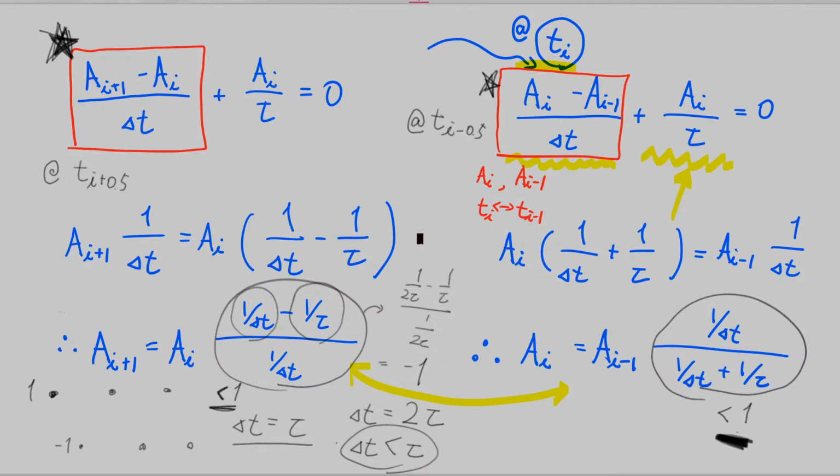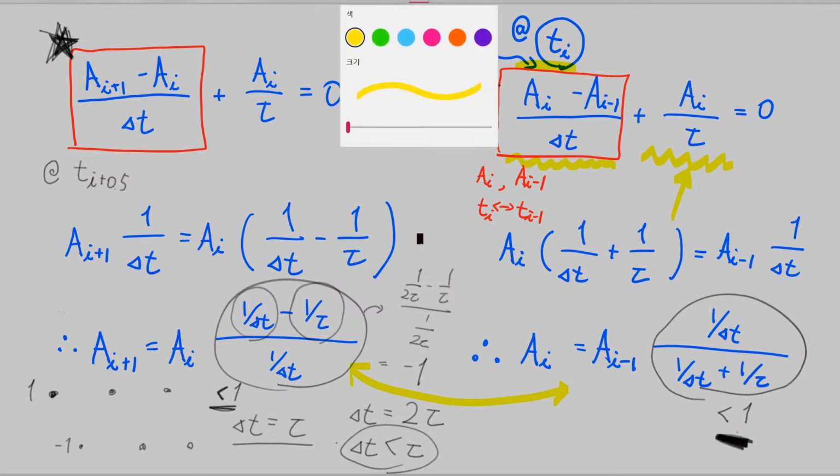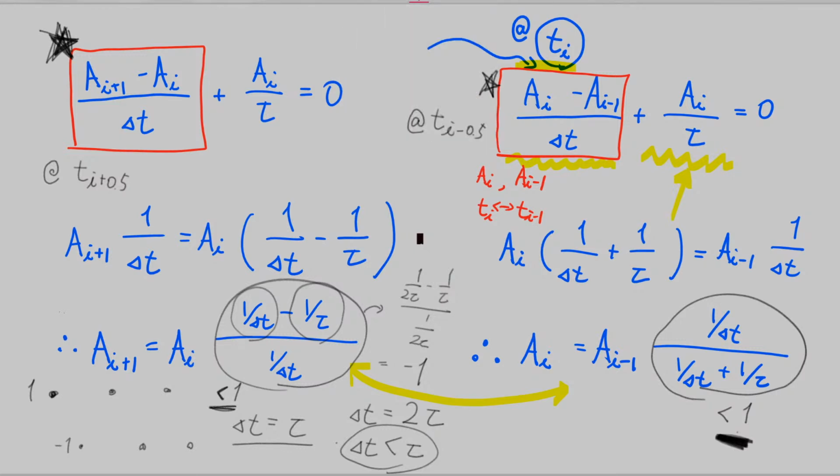So let me just say finally about this discussion. The right side, this kind of approach for discretizing your time derivative, is called the implicit method, and this corresponds to the explicit method. That is the point.